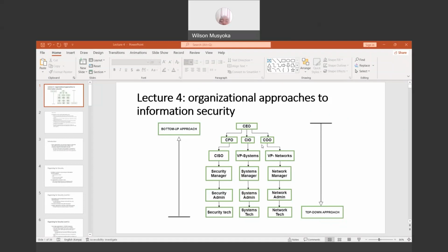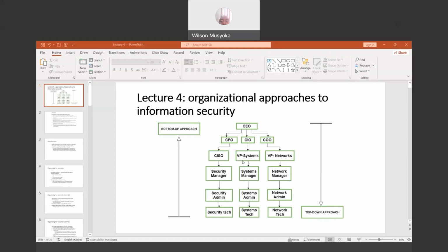So there is the aspect of creating the policy, and then they are going to bring about the procedural instructions, something you will find with maybe the VP networks, the VP systems, the chief information security officer.